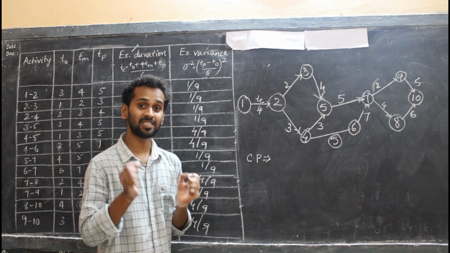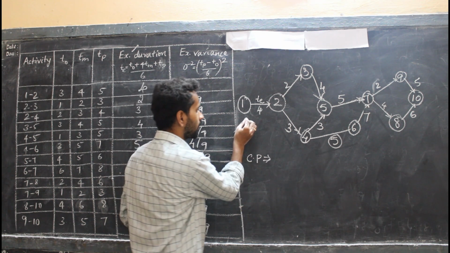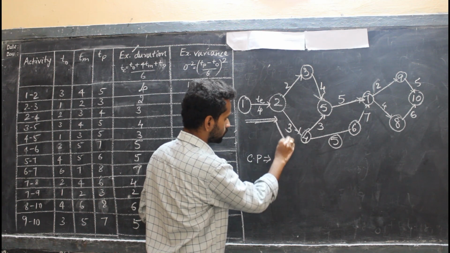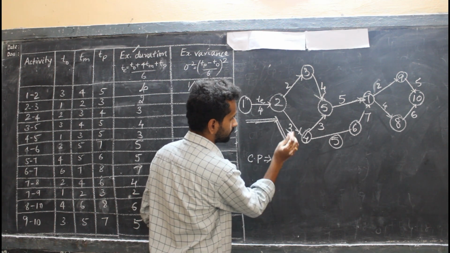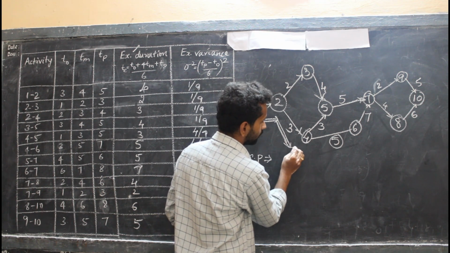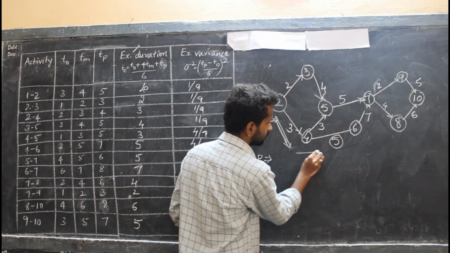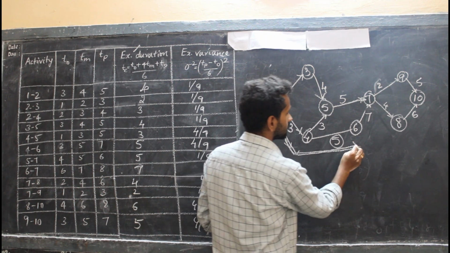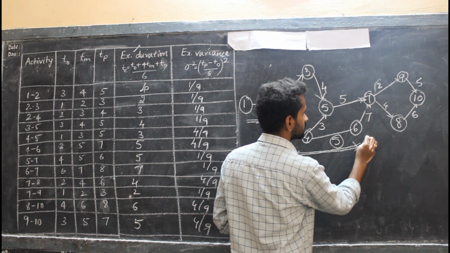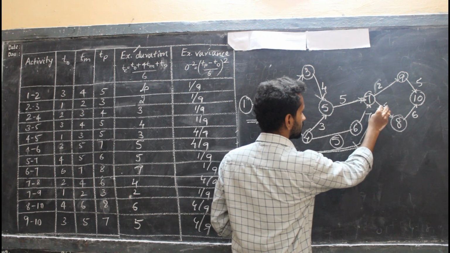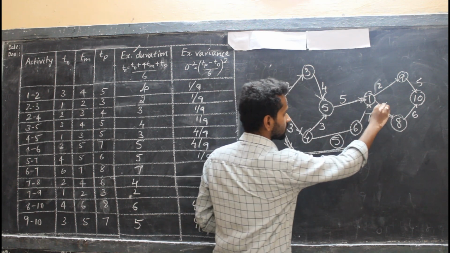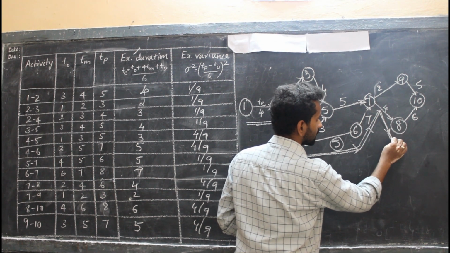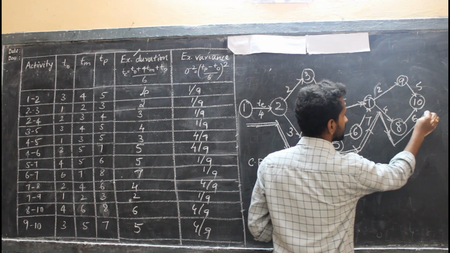Now let me draw the critical path directly. 1 to 2, is it clear? 2 to 4, and 4 to 6, 6 to 7, 7 to 8 and 8 to 10.